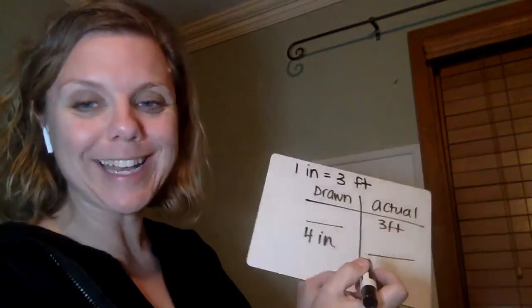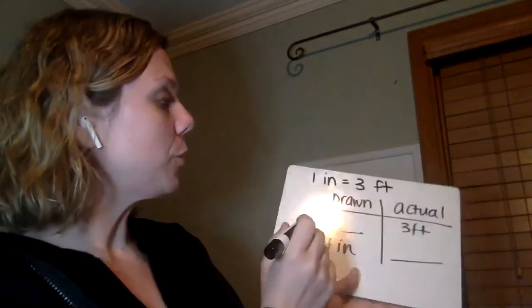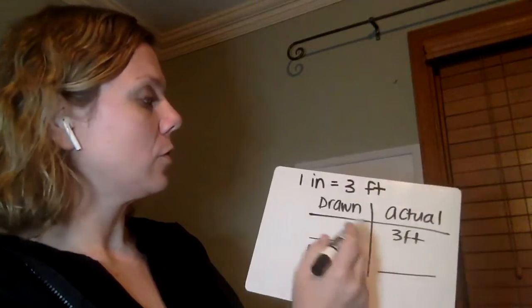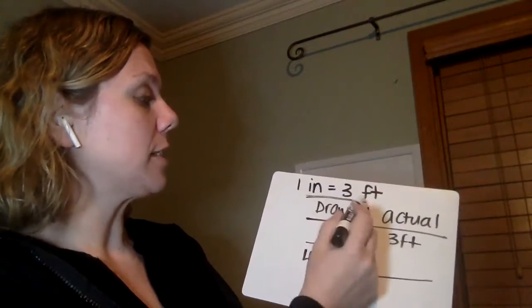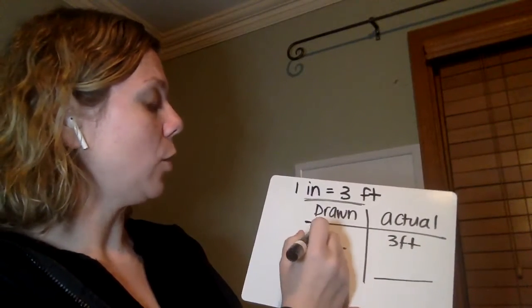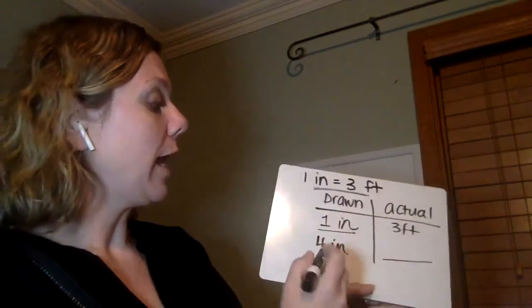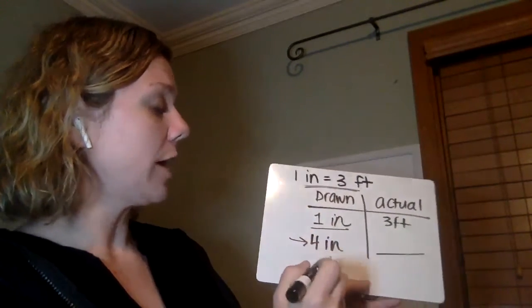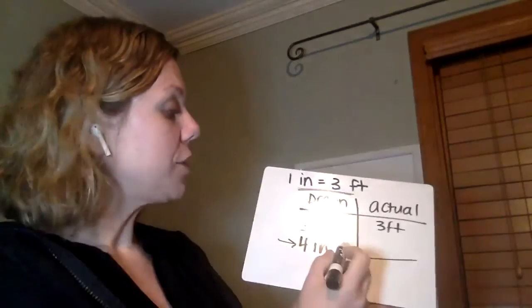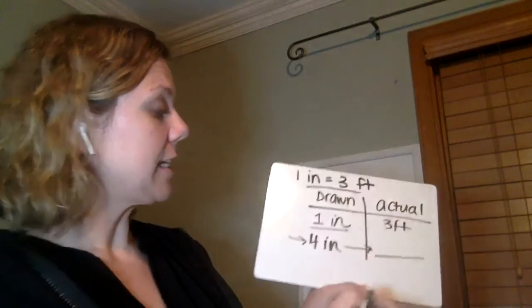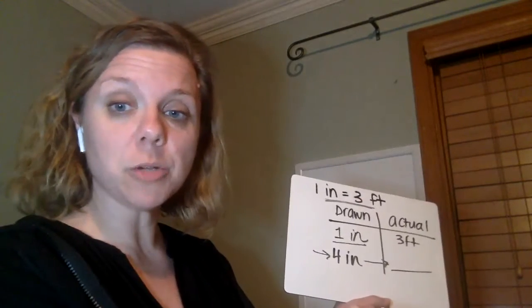For that first one, that's kind of a given. But to show you what that looks like, this equals that here. So the drawn is going to be 1 inch. Well, now if my drawn is 4 inches, what do I need to do to get back over to this side of the table? What's my rule for my ratio table?